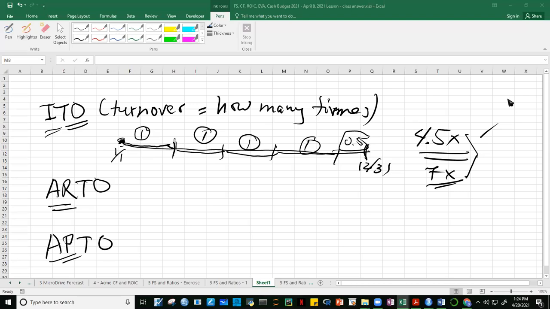Maybe they maintain a good inventory system so that before the raw materials run out, deliveries have already arrived. They're ready. Several factors could explain this, but it speaks of efficiency. And generally, the higher the inventory turnover, the better for a company. Okay, clear, guys?